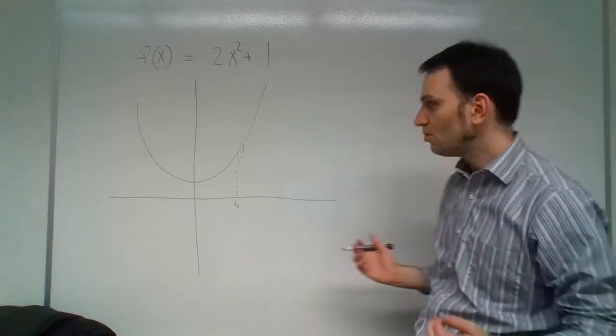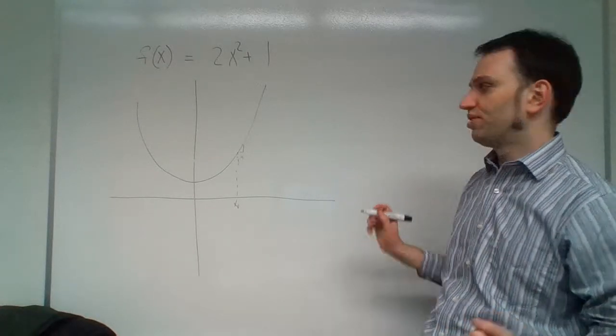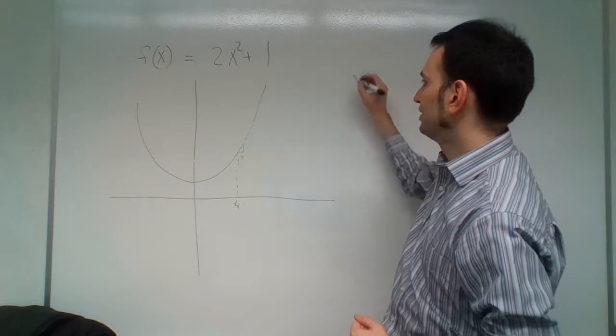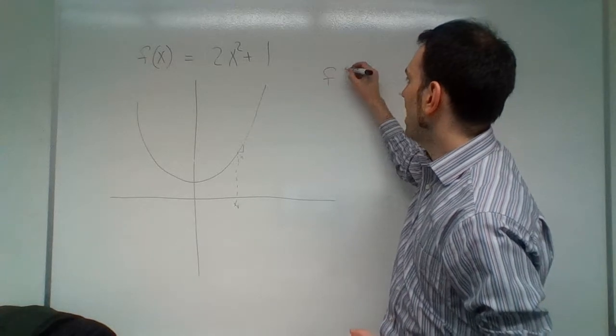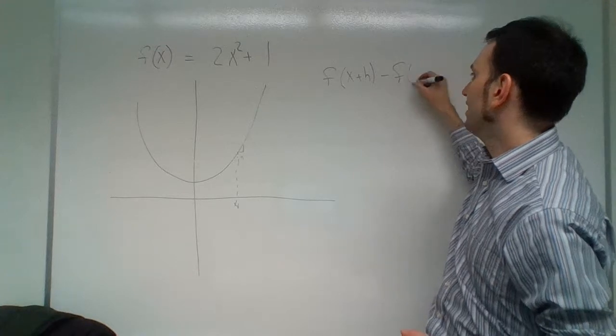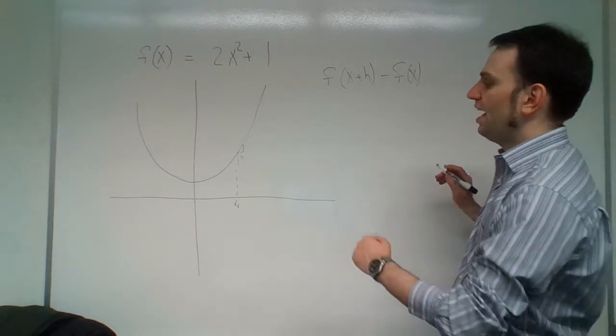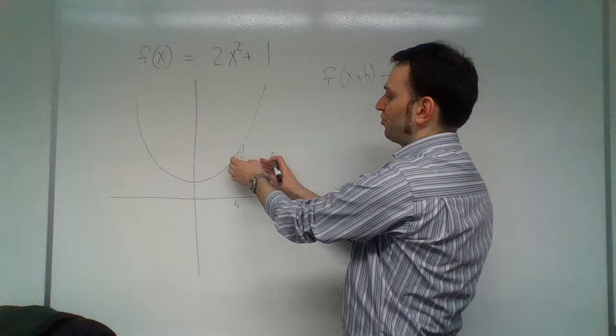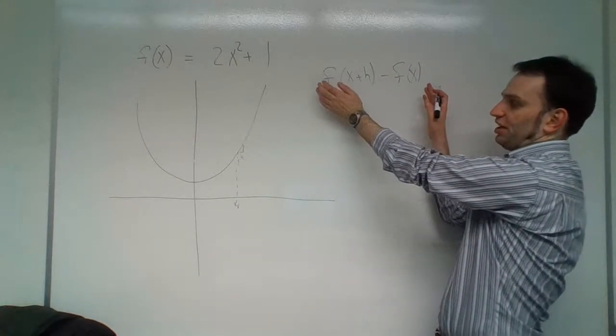Okay? So let's just write this down. We're interested in essentially f of x plus h minus f of x. And here, obviously, the larger the h is going to be, the larger is this difference.